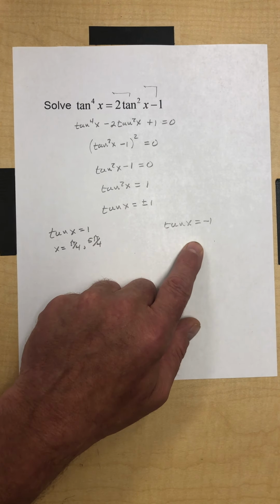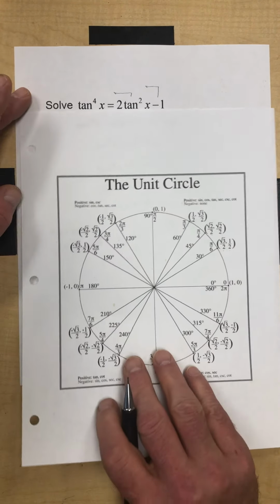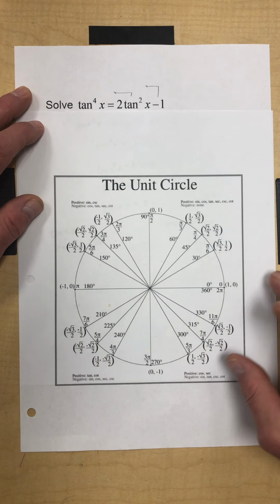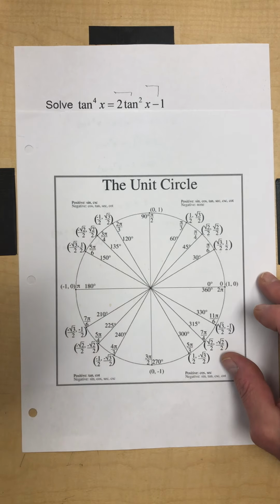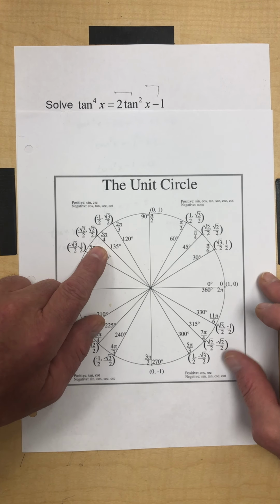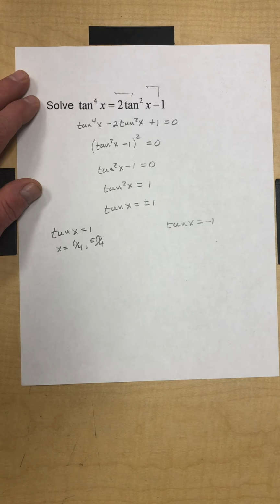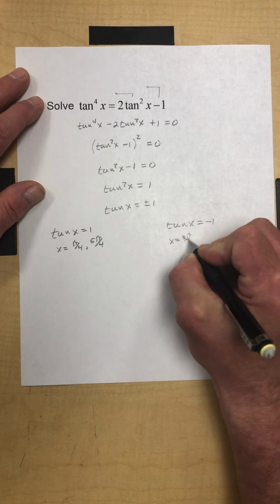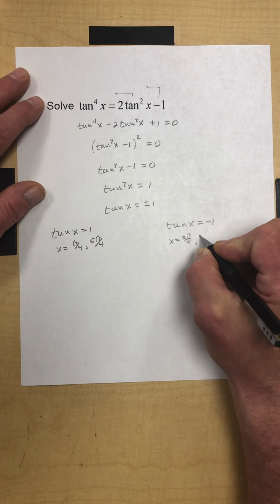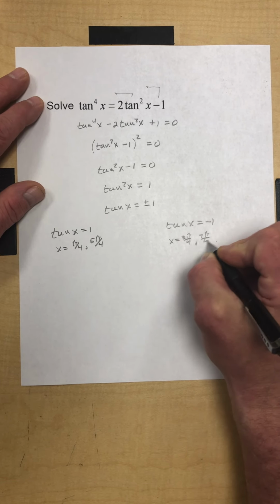Then if tangent is going to be negative 1, that means the x and y coordinates have to be opposites of each other. So when we go y over x, we get negative 1. So that's going to happen at 3 pi over 4 and 7 pi over 4, right here and right here. So that gives us x equals 3 pi over 4 and 7 pi over 4.